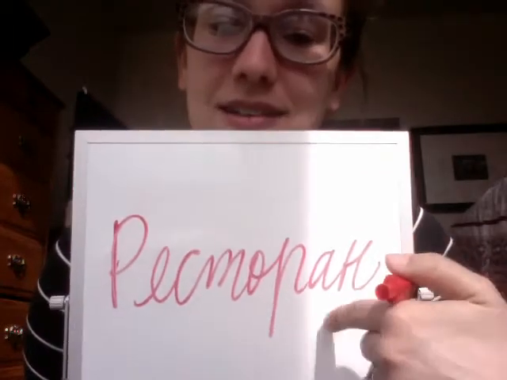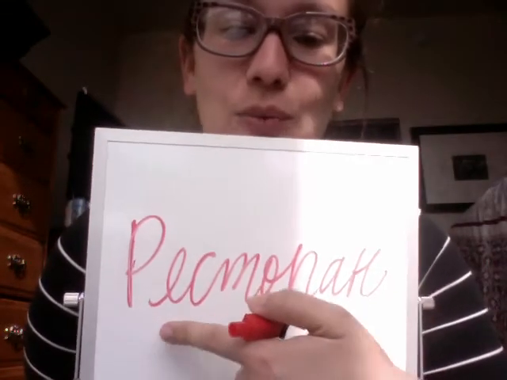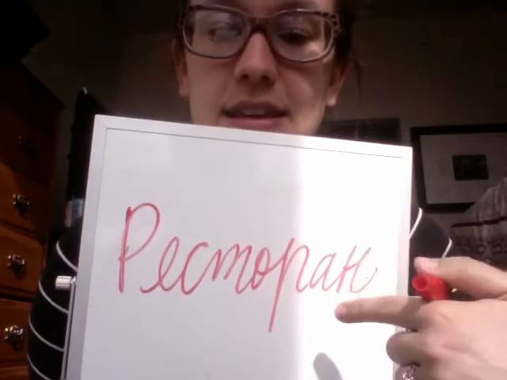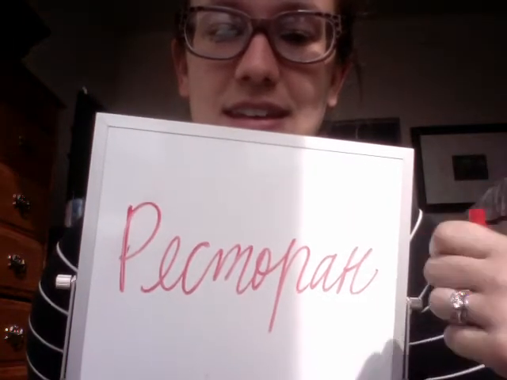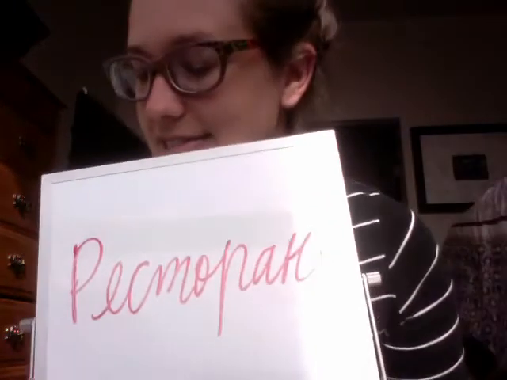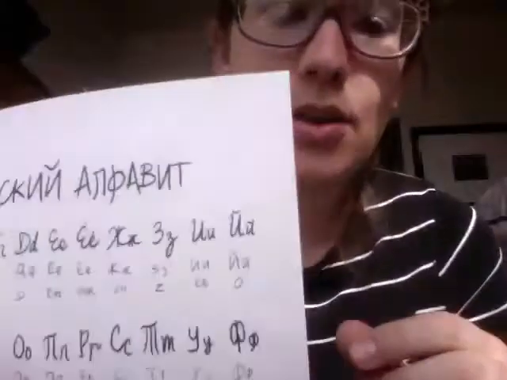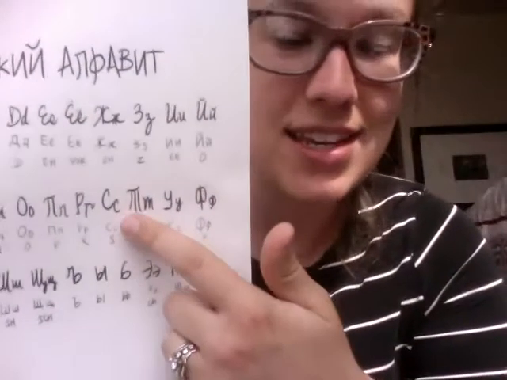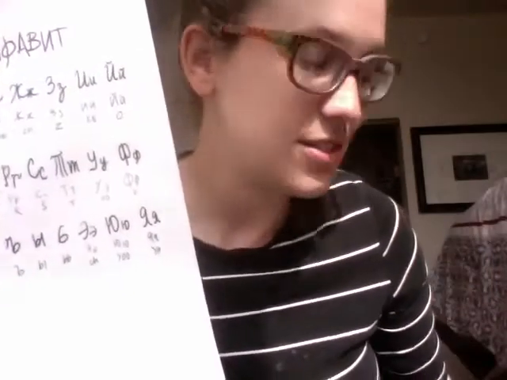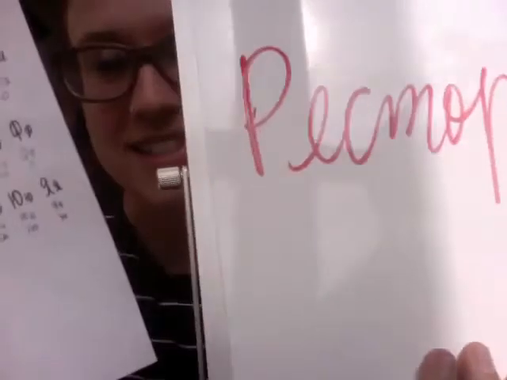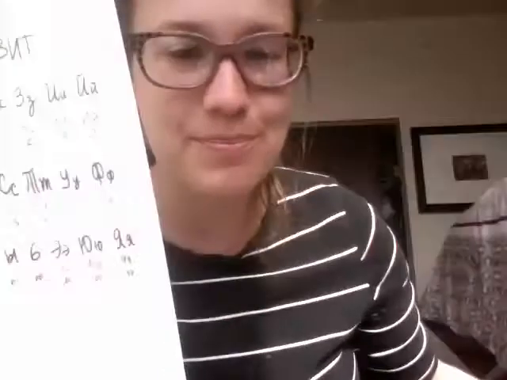And that's not an H, it's an N. And that's not a C, that's an S. This looks like a C, but it's actually an S. So that's how this says restaurant, not pectapa.